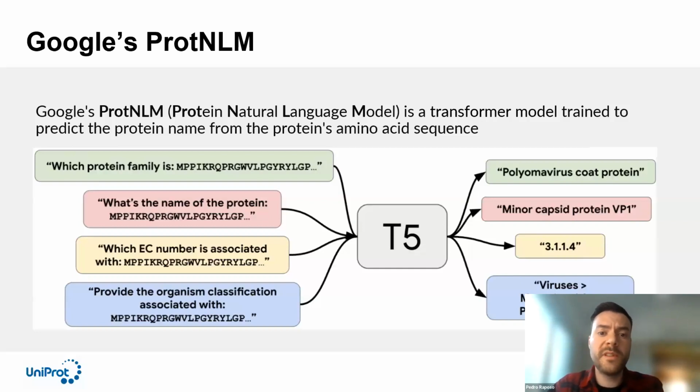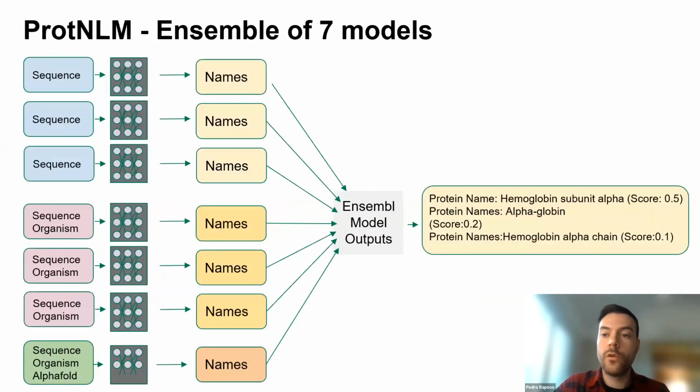Another system we recently introduced is a protein natural language model, or ProtNLM, developed by Google. We have a collaboration with Google on the validation of this tool. What ProtNLM does is that it uses a transformer model, which is trained on the protein sequence alone, to predict the name for uncharacterized proteins.